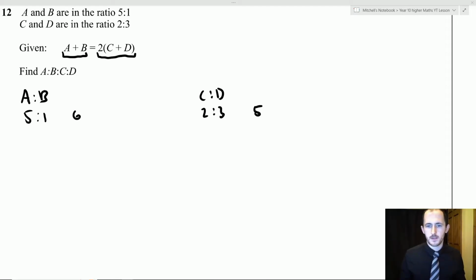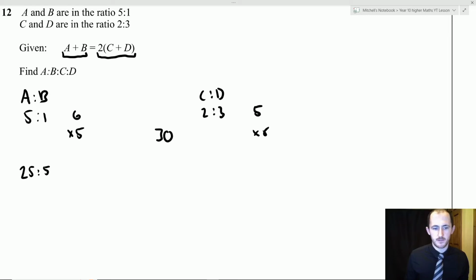So the lowest common multiple of 6 and 5 is 30. So to do that, I times this one all by 5. I times this one all by 6. So my A to B now is going to be 25 to 5. Bear with me 2 seconds, Lila. I'll explain it in 1 second.